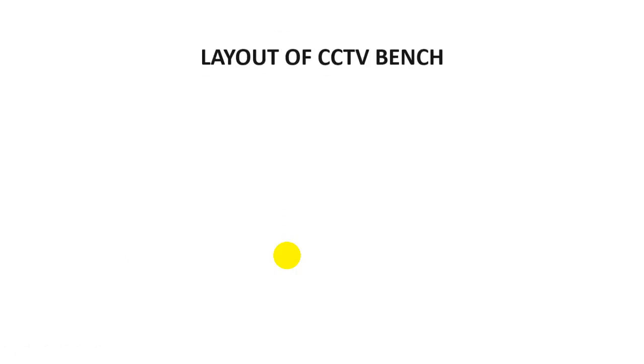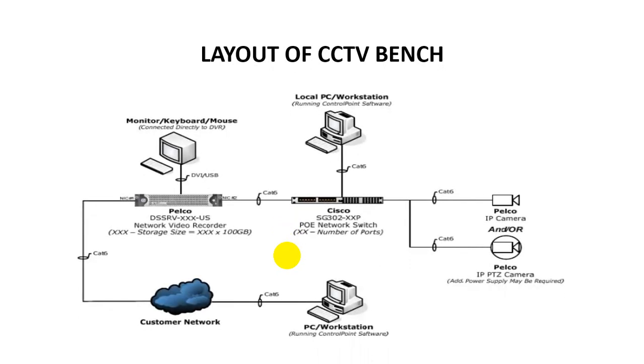Also we are going to see the layout, how it is going to work. Here you can see we have two cameras, maybe IP cameras or whatever camera it may be, according to the user. Here it is taken through a wired system, and we are going to connect through a Pelco network video recorder. It may be other types of switches also. We can see in the local control point also, which is connected to the DVR, where we can see the recorded video, or we can connect remotely from anywhere and watch.